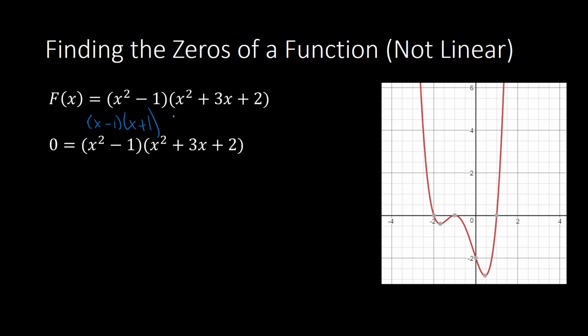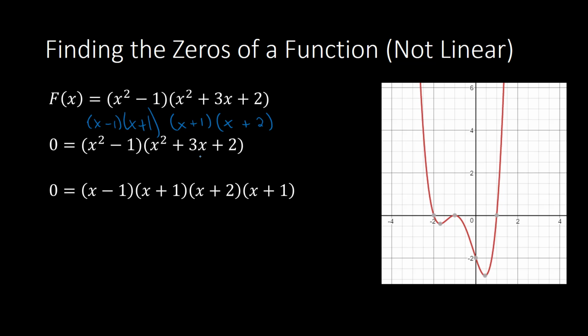And then x squared plus 3x plus 2, you can factor that completely as well. To get x squared, we have x times x. To get the 2, the only way is going to be 1 times 2. And they're both going to be positive because when I add them together, I need to get a positive 3 back out. A positive 1 plus a positive 2 gives you that positive 3. So that would be factored completely.